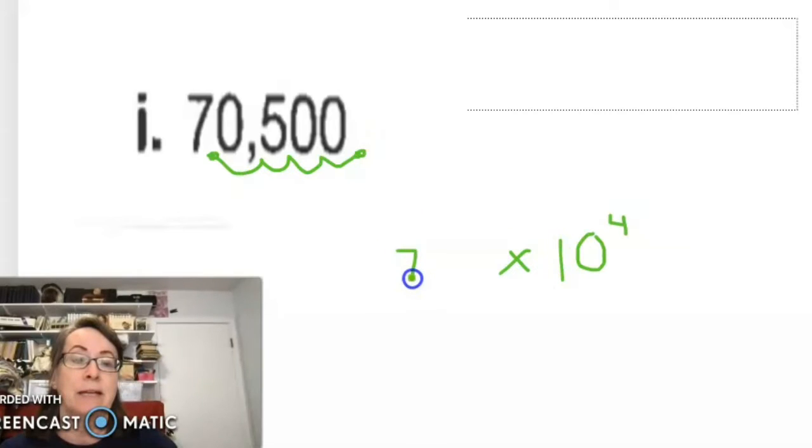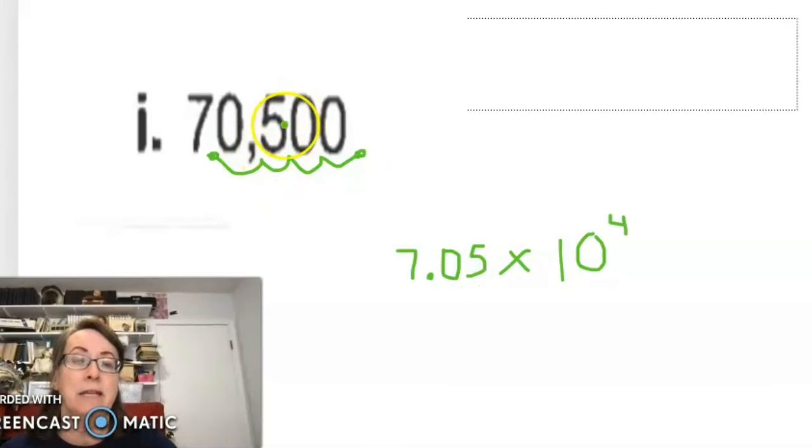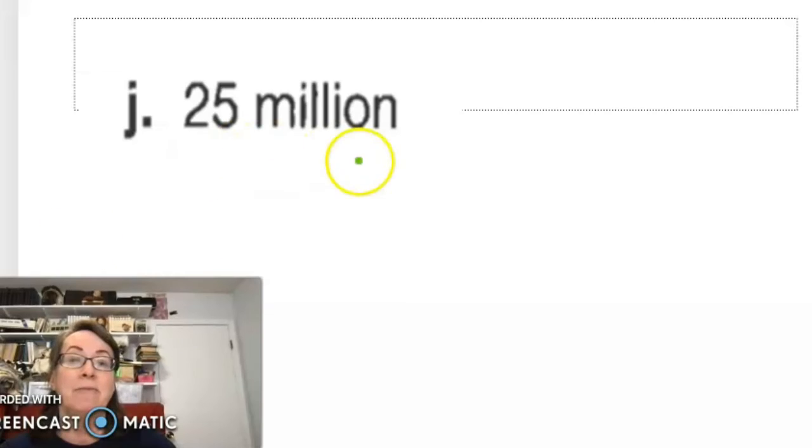So 7.05. Notice that I always go to the end of the non-zero digits. And that 0 in the middle is holding a spot, so I have to have it there. Okay, 25 million. First, I'm going to write 25 million.